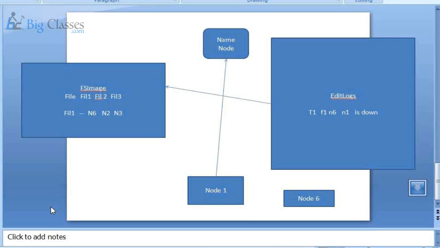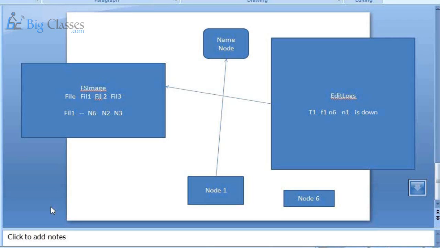That is the role of the administrator, basically. At any point of time, if a particular node goes down, it is the duty of the administrator to spin up another machine and bring up that data.